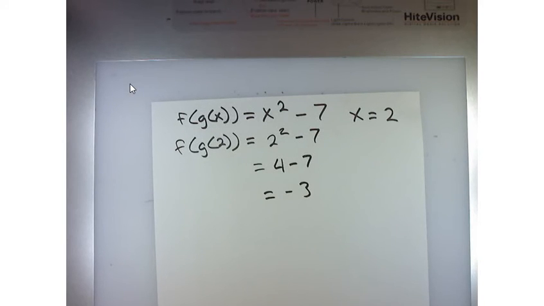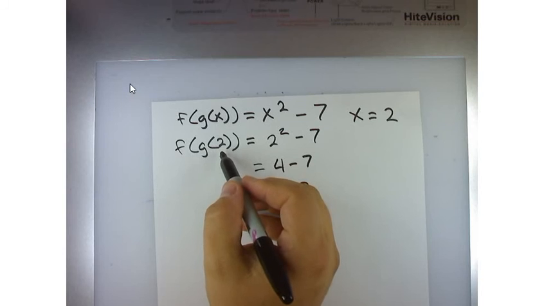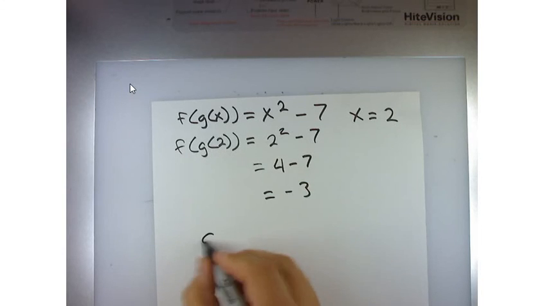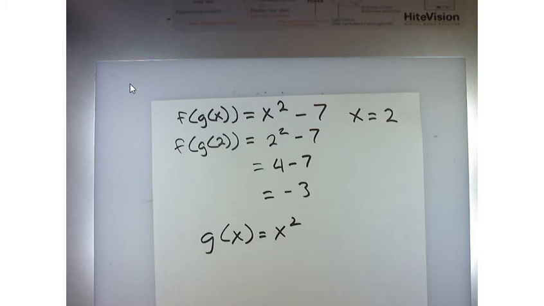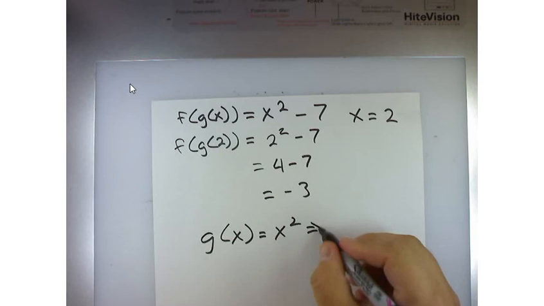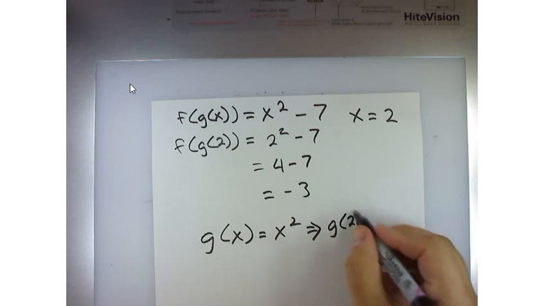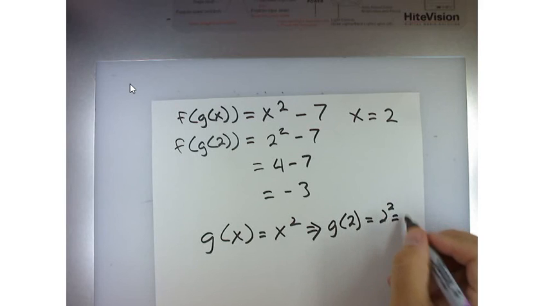So I'm evaluating f at a certain number. Well, what is g evaluated at 2? Remember that we said that g of x was equal to x squared. That means that g of 2 would then be equal to 2 squared, or 4.